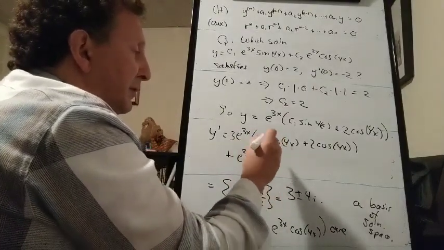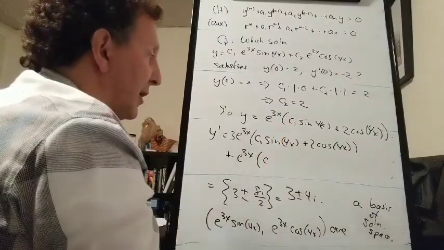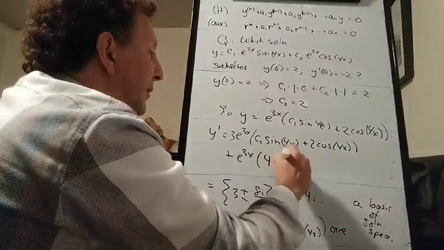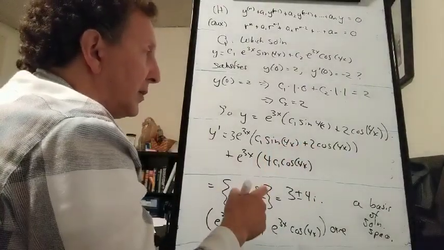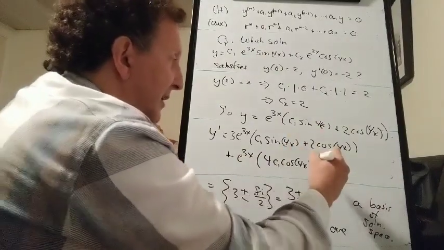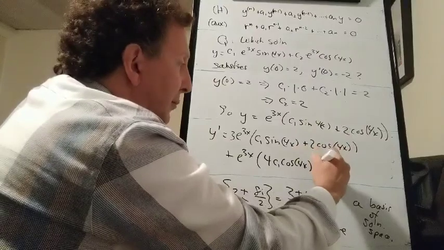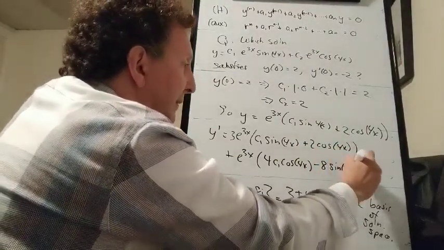The derivative of sine is cosine, but then we need to take the 4 out. So that's 4 c1 cosine of 4x. The derivative of cosine is minus sine, so we'll take out the 4 to make 8 and put a minus there. Minus 8 sine of 4x.